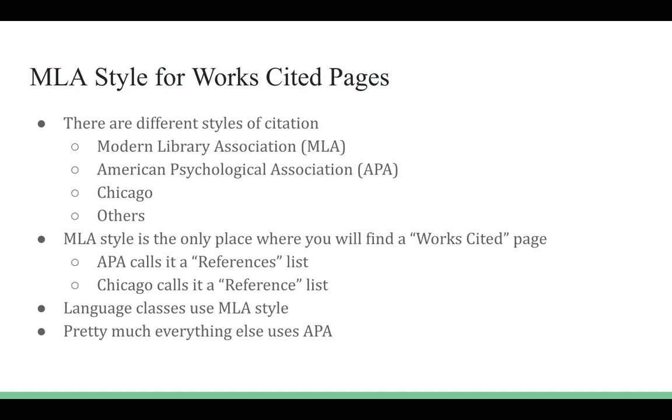But we're English, so we're going MLA with this. MLA style is the only place where you will find something called a works cited page. When you're writing in APA and Chicago, they have the exact same thing, essentially. It's a list of the references at the end of the paper, but they call it references. So works cited, those words are specific to MLA style.